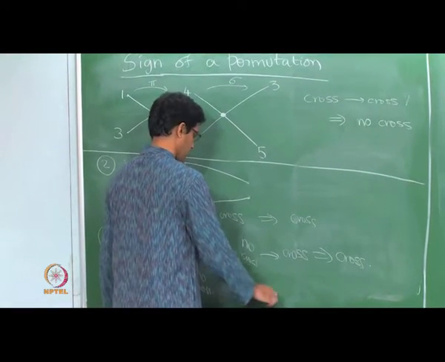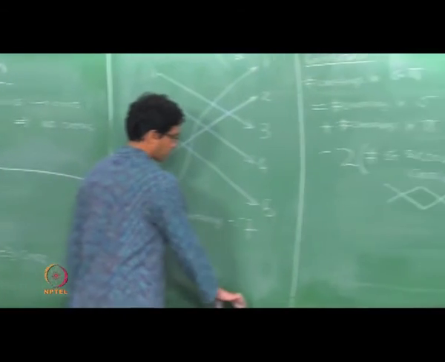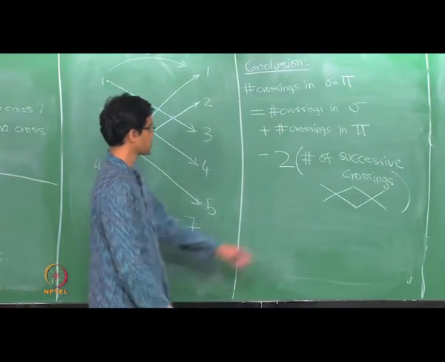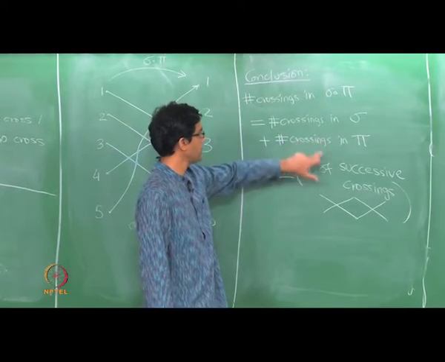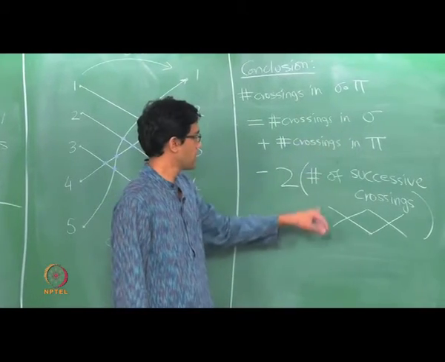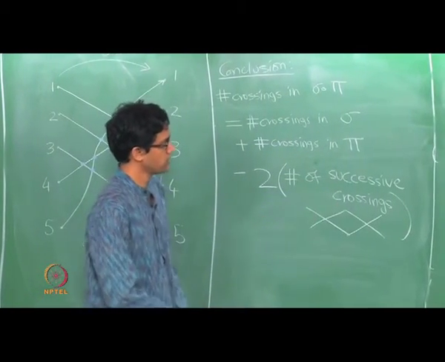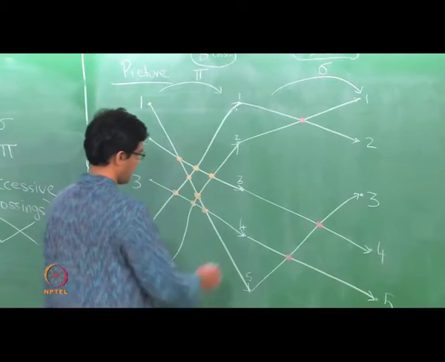So let's look at the diagram and try to figure out how many configurations. What do we need to do? We know the number of crossings in sigma is 3, the number of crossings in pi is 8, so 8 plus 3 is 11. Let us count the number of successive crossings in this diagram. Where can you get a successive crossing? Well, here is one.